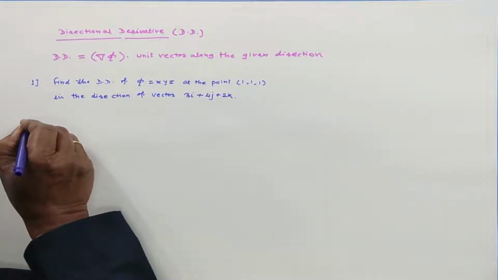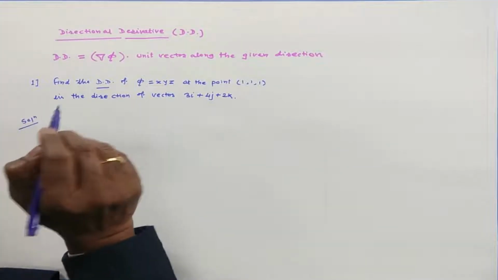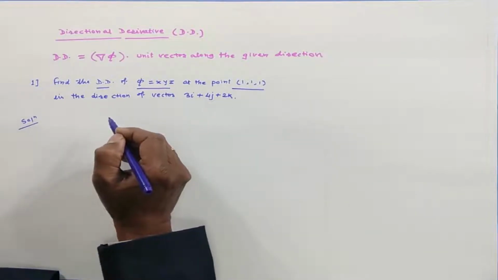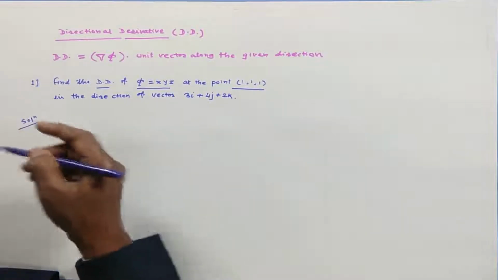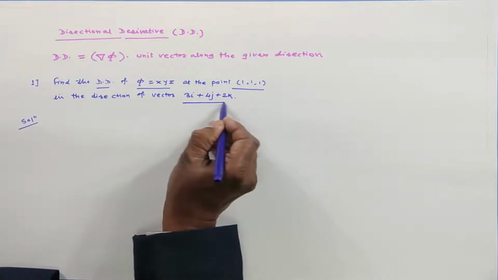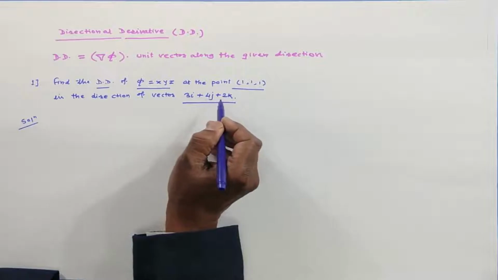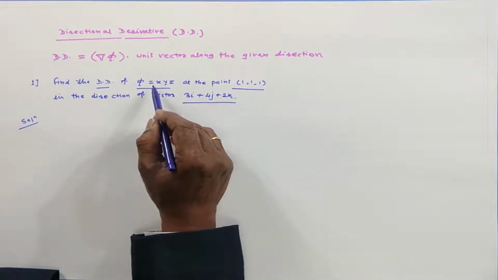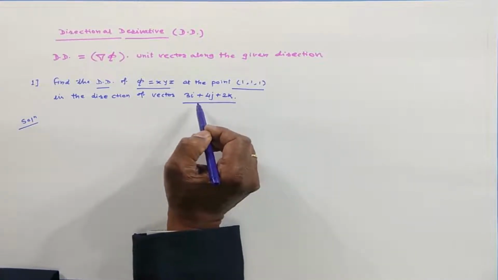We are going to calculate the directional derivative of this function at this point, but in which direction? In the direction of this vector 3i plus 4j plus 2k. Importantly, three things are there: the given function, which is a scalar point function, the point and the direction.